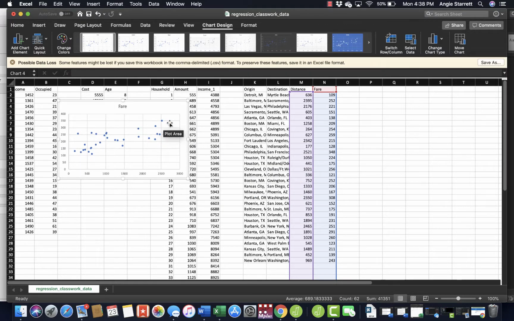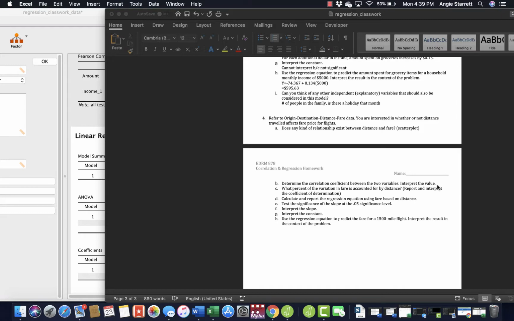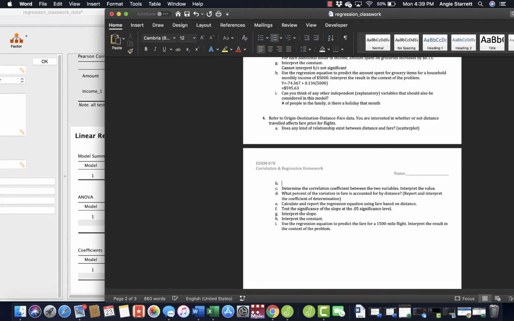It appears as though there is somewhat of a positive linear trend. So as distance traveled increases, the fare seems to go up a little bit. So we can say here positive linear trend.